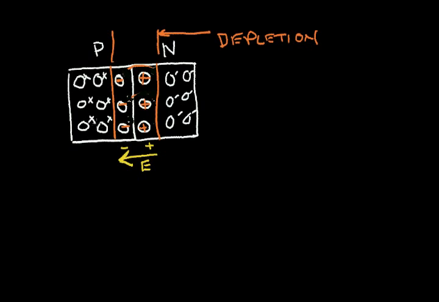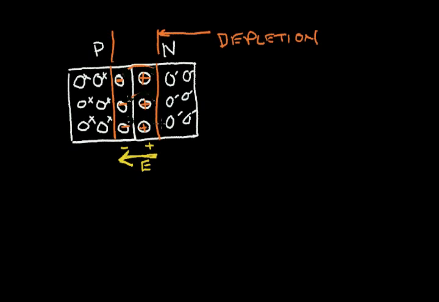So the diffusion of the holes into the N-type material gets blocked by this electric field. And similarly with the electrons. Now this electric field will exert a force on the electrons to the right in the opposite direction. So the abundance of electrons at the right in this N material get repelled. They no longer diffuse over into the P region.